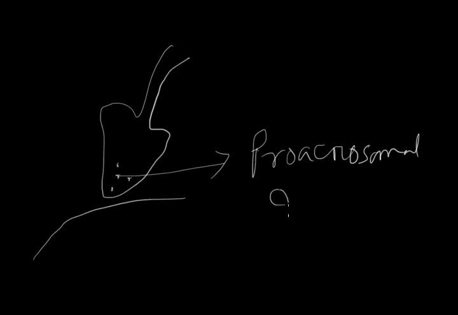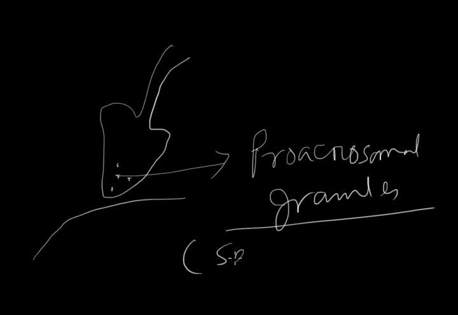During the acrosome reaction, the sperm head penetrates the ovum membranes. Several important hydrolytic enzymes are secreted from proacrosomal granules, and these proacrosomal granules are nothing but forms of secondary lysosomes.